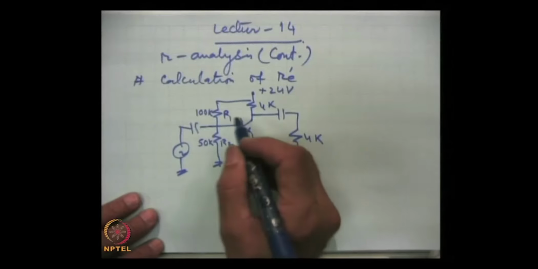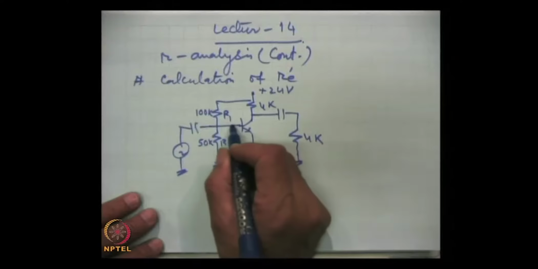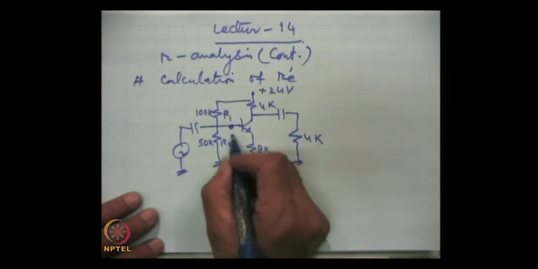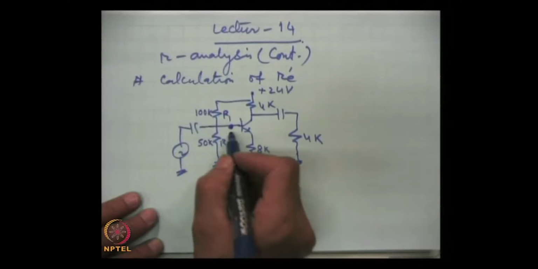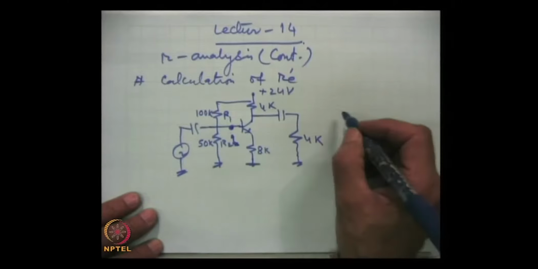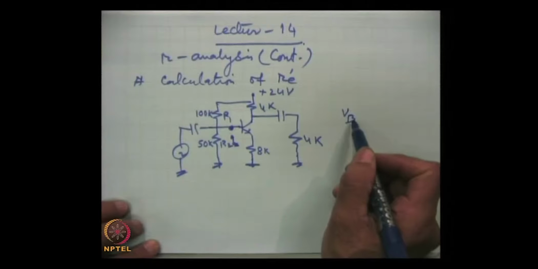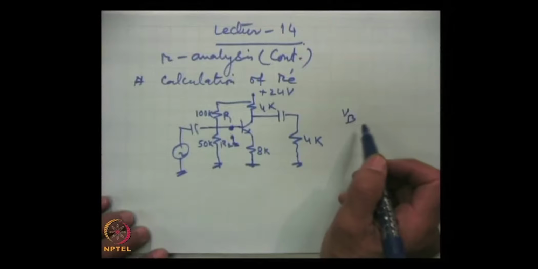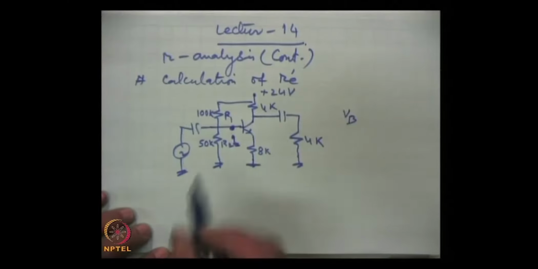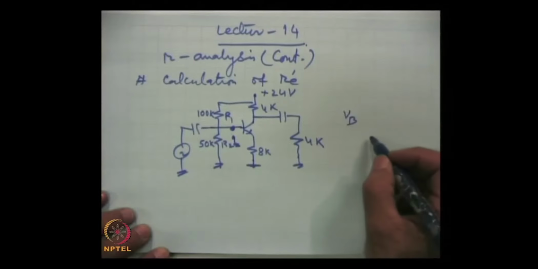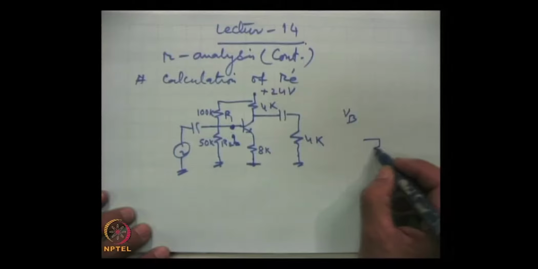So, first we should get what is this voltage between this and ground. We call this voltage here as VB, that means base voltage with respect to ground. Now, this can be calculated. We complete the circuit at the input like this.